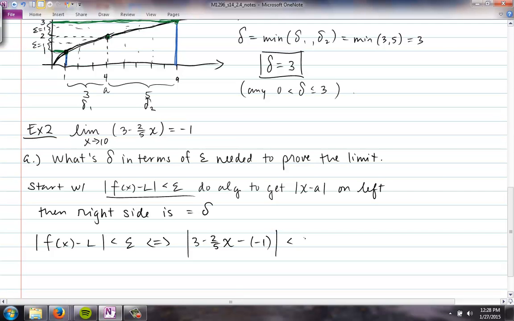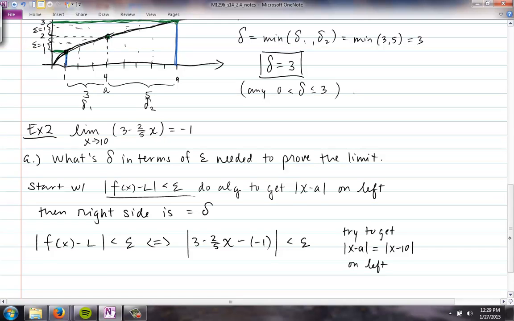And then that's less than epsilon. Epsilon is not 1 in this case, it's just epsilon. Now take a look at that, and what we're going to try to get on the left is the absolute value of x minus a, which in our case is the absolute value of x minus 10.